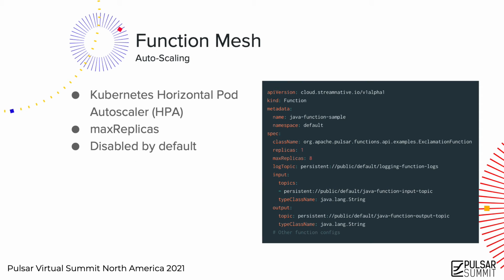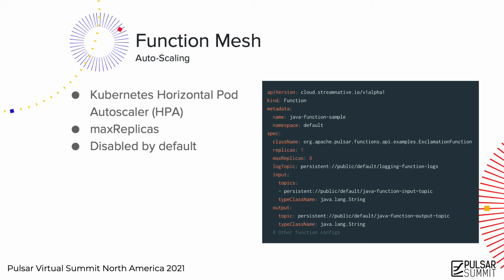With the native support of Kubernetes, Function Mesh can support automatic scaling of the number of pods based on Kubernetes HPA, which is the Horizontal Pod Autoscaler.